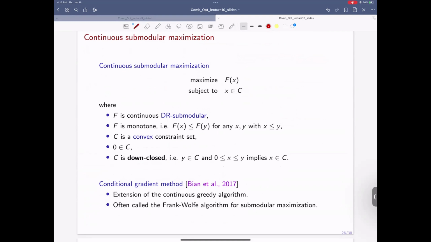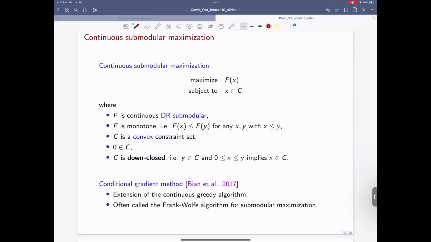My function is continuous DR-submodular, and it's monotone, meaning if you take two vectors where one is larger than the other component-wise, the function value is larger. With a convex constraint set, you can design an algorithm called the conditional gradient method, also called the Frank-Wolfe algorithm. The Frank-Wolfe algorithm for the submodular case is a little different in terms of the update.